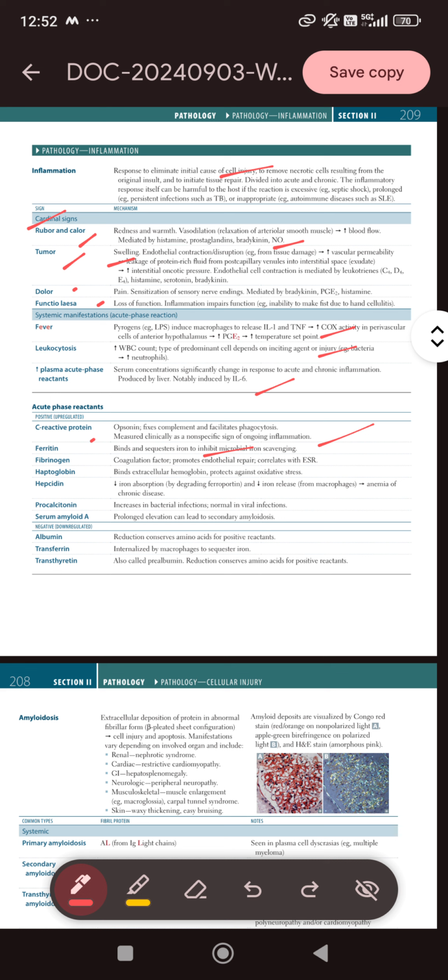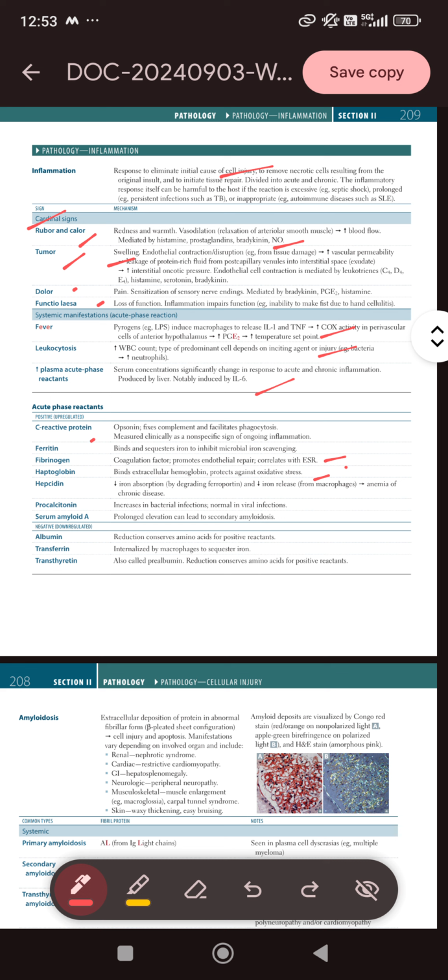Ferritin binds and sequesters iron to inhibit microbial iron scavenging. Fibrinogen, a coagulation factor, promotes endothelial repair, correlates with ESR. Haptoglobin binds extracellular hemoglobin, protects against oxidative stress.